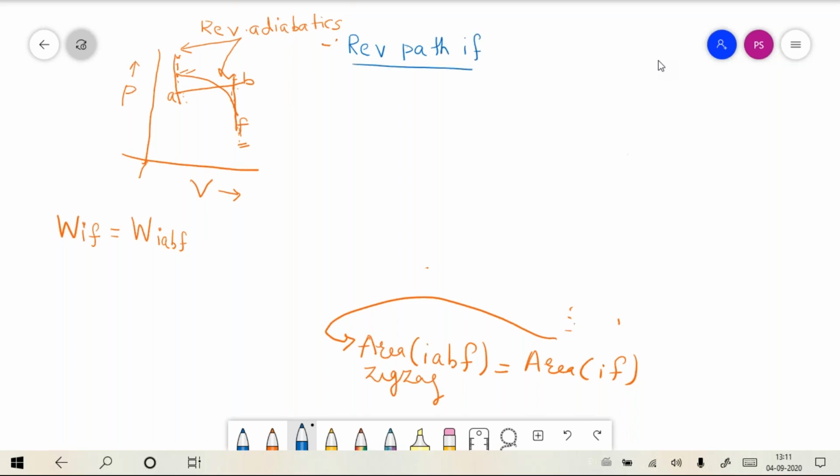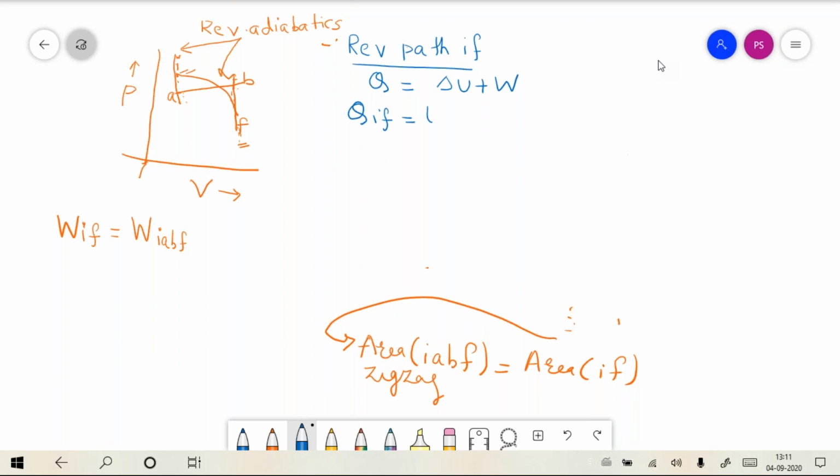It is Q equals delta U plus W. As applied to a process, it means that Q I to F is equal to delta U I to F plus W I to F. Let me call this equation 1. Let me call this as equation 2.